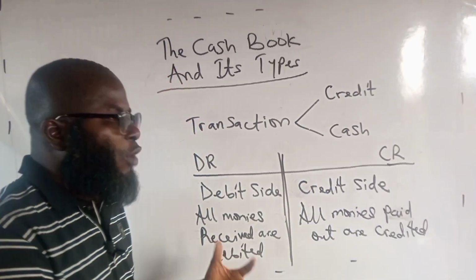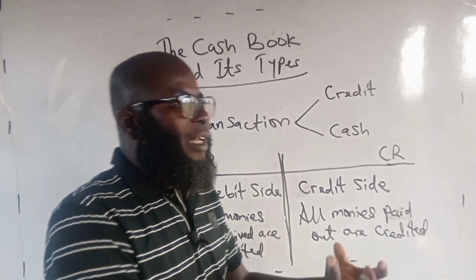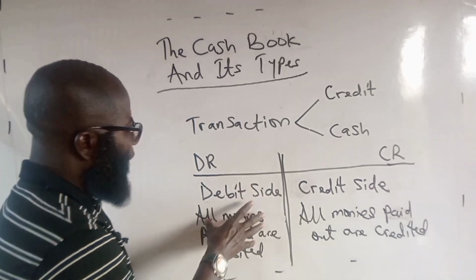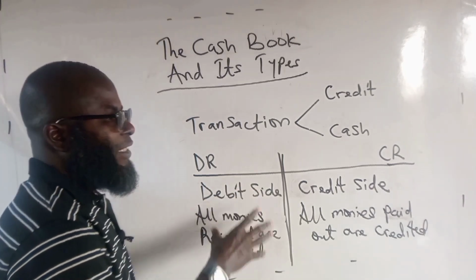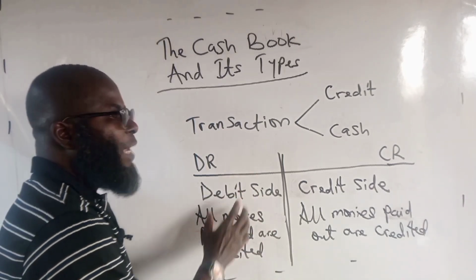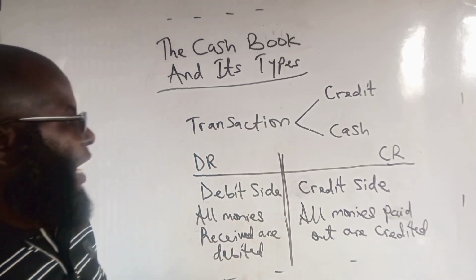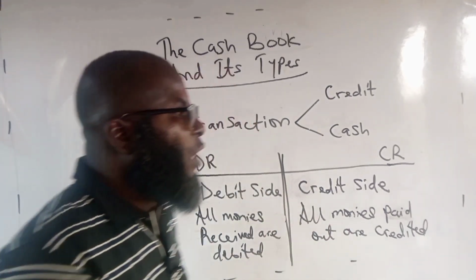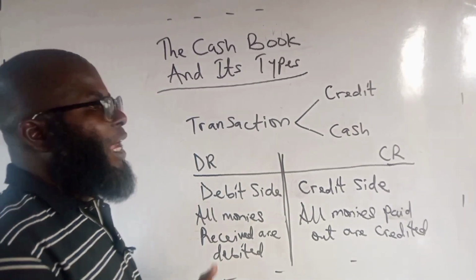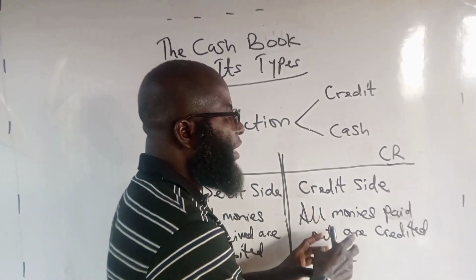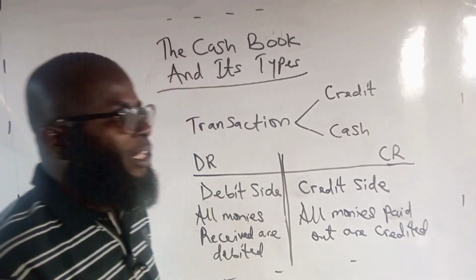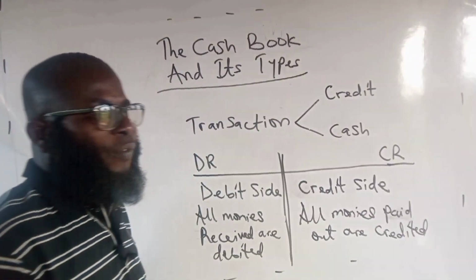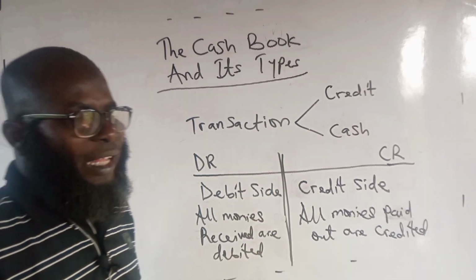Any money that comes in, serving as cash inflow into the business, you have to debit; that is, record it on the debit side of the cash book. Whereas any money you pay out is posted on the credit side of the cash book. This indicates the cash outflows.